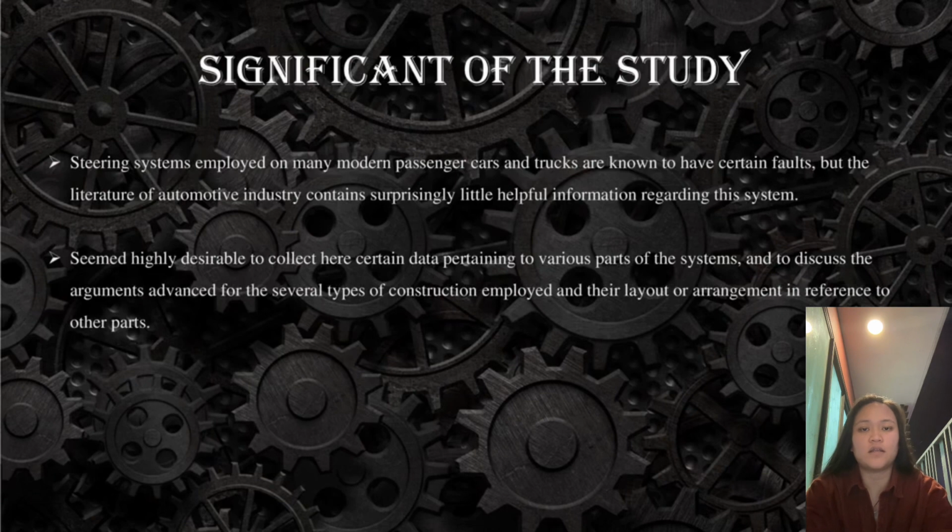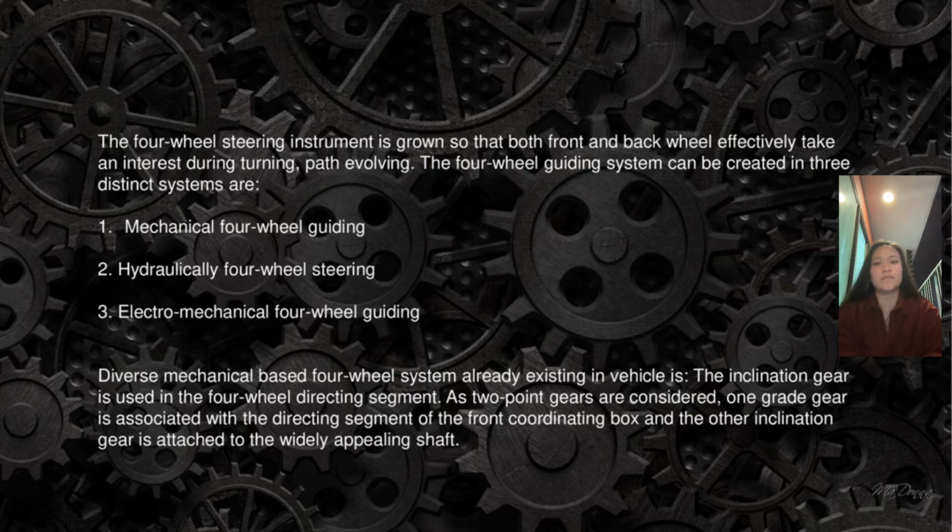The significant study that we found was that steering systems employed on many modern passenger cars and trucks are known to have certain faults, but the literature of the automotive industry contains surprisingly little helpful information regarding this system. The second one, it seems highly desirable to collect here certain data pertaining to various parts of the system and to discuss the arguments advanced for the several types of construction employed and their layout or arrangement in reference to other parts.